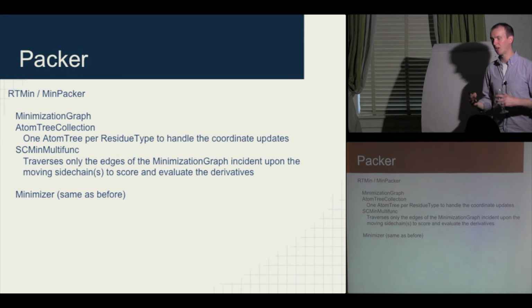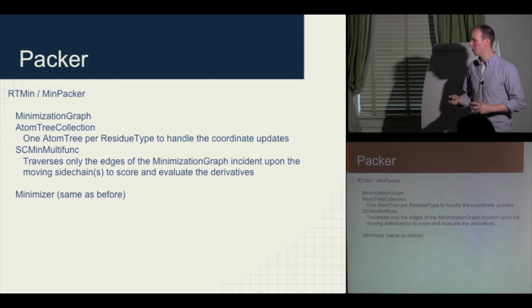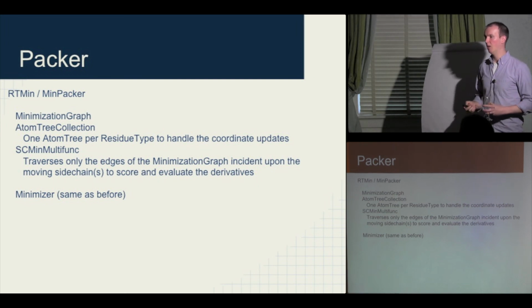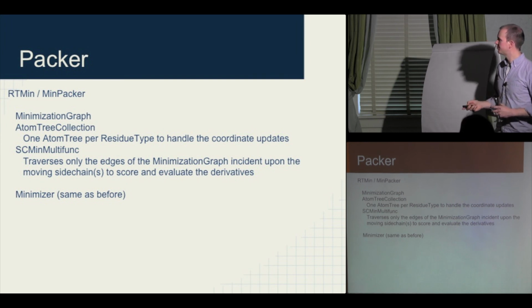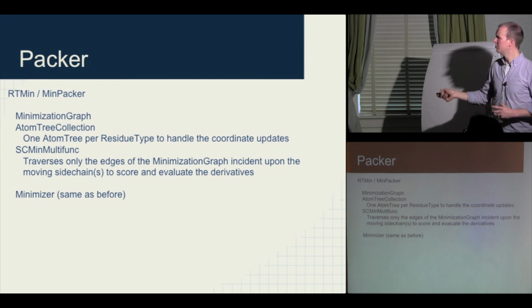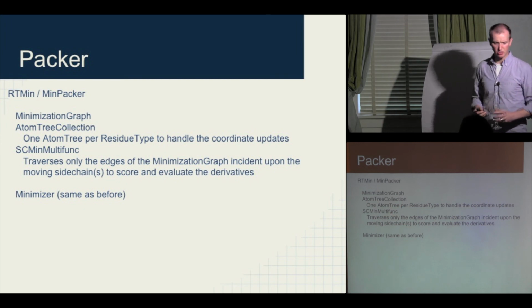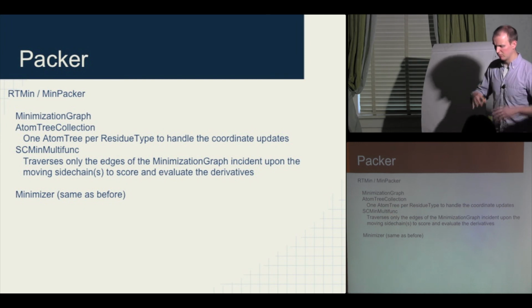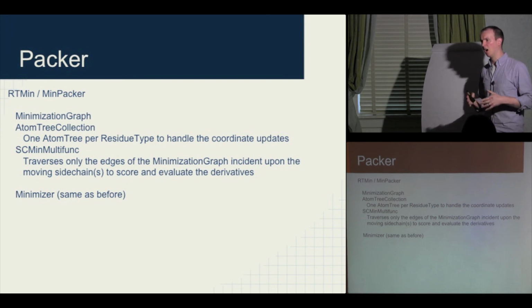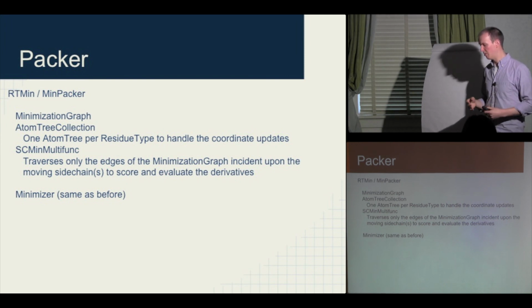So if you're interested sometime in the future in implementing your own minimization-like thing or your own Packer-like thing, this is the last slide. If you're interested in some of the minimization stuff, I'd recommend taking a look at these classes. And just broadly speaking, I think one of the reasons that the Packer is so successful and that it's used so heavily in lots of different protocols is that it's very efficient in what it does.